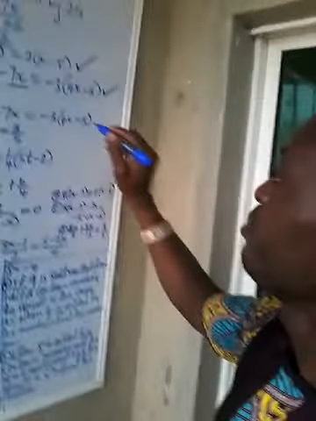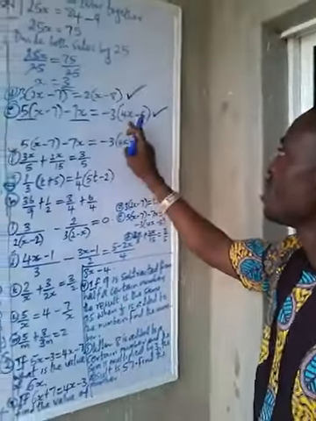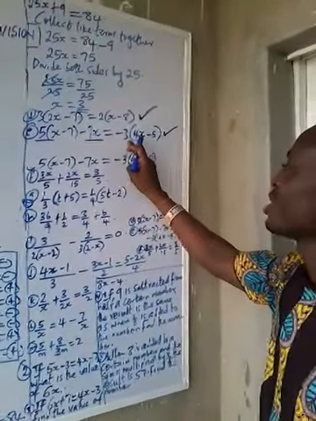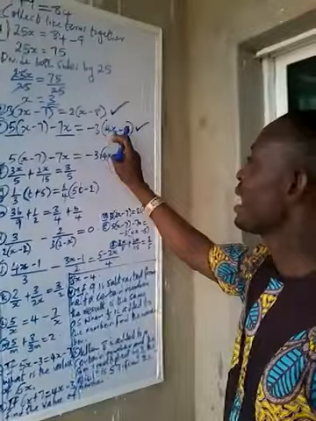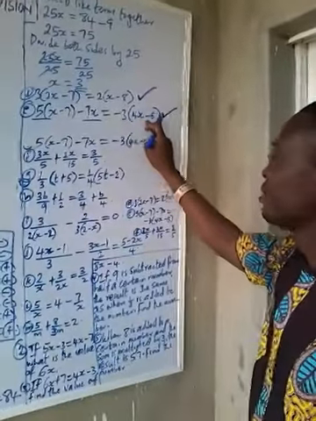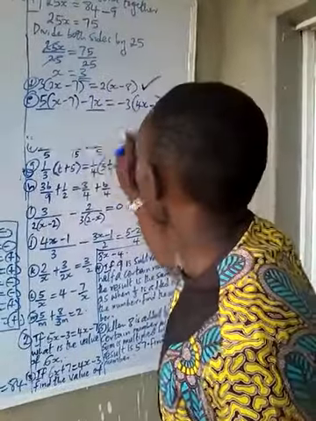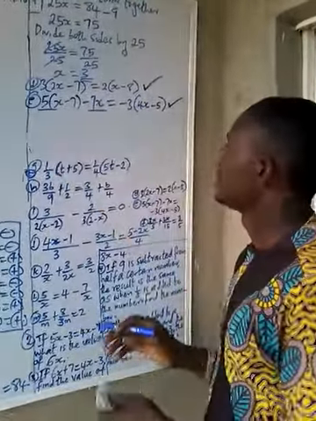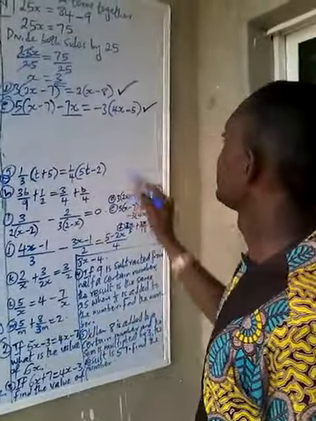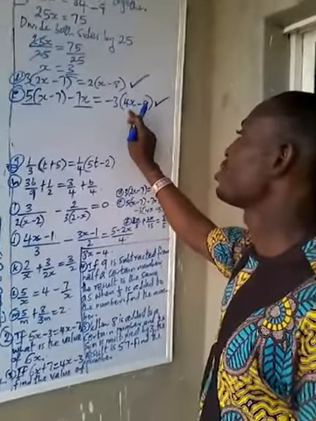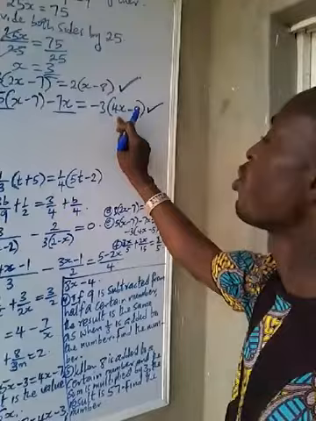Bear in mind that the number outside the bracket here is minus 3. You are using that minus 3 to multiply all the entities inside the bracket. Where you would have to be very, very careful is that minus 3 times 4 is not the same as 3 times 4.